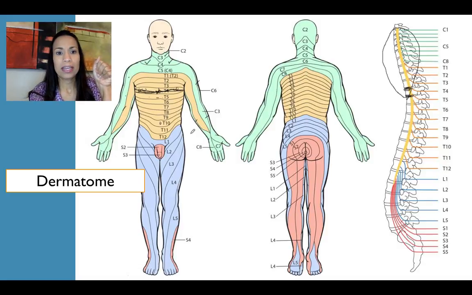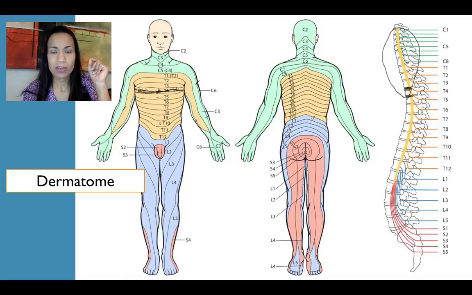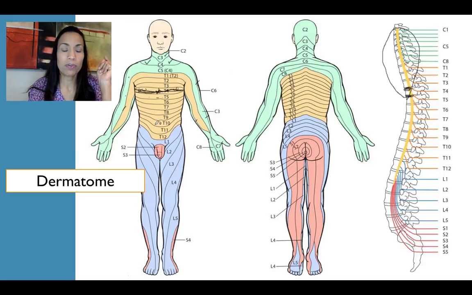What other use does this map have, or these dermatomes have? When we are going to administer epidural anesthesia, the surgeon is going to tell you, I'm going to perform a surgery maybe in the thigh or in the lower abdomen, so you can provide anesthesia, right?